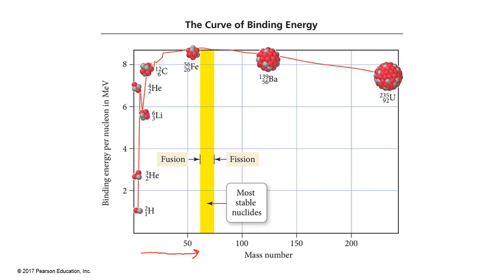So our most stable elements are centered around iron. Once we get into larger elements, then they can undergo fission and break down into elements that are centered around iron.